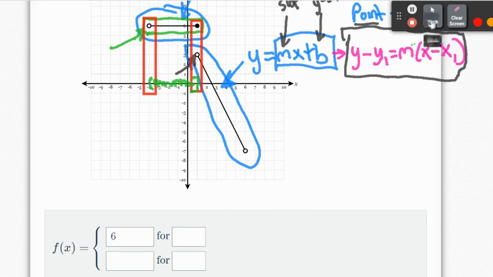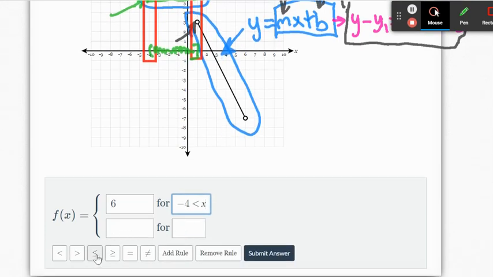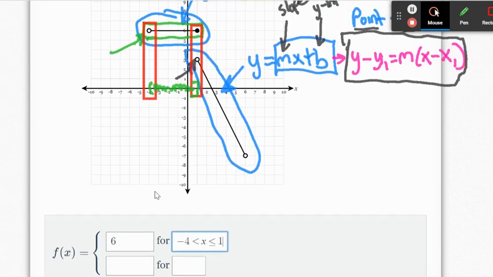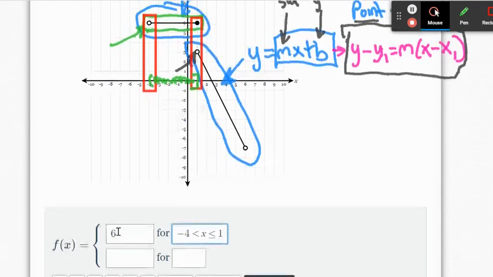The way that we write that with an inequality is, start with -4, the leftmost bound, is less than x, and that's less than or equal to 1. And so that defines this function in function notation to be an output of 6 for any input from -4 to 1.